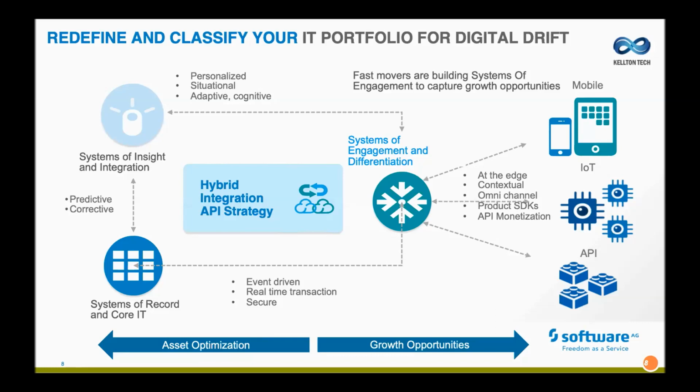Now, this is from an IT perspective, but from the business perspective, the models have been changing. The new outcomes and the growth opportunities are towards enabling new business models, new business revenues.